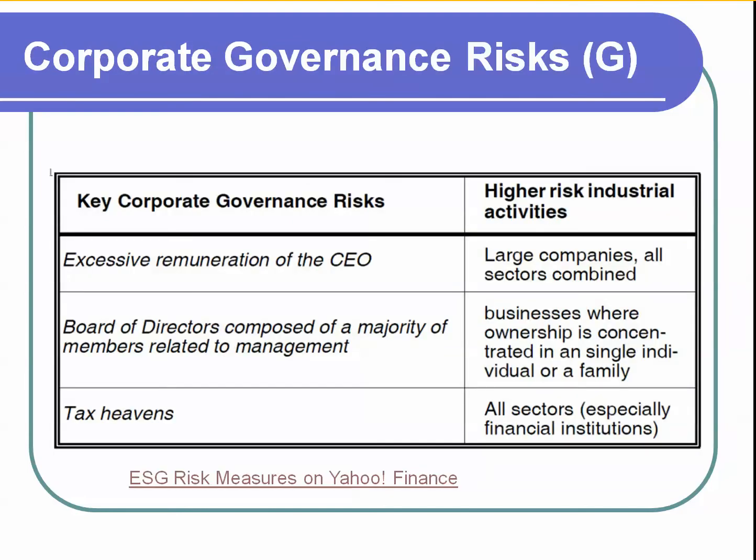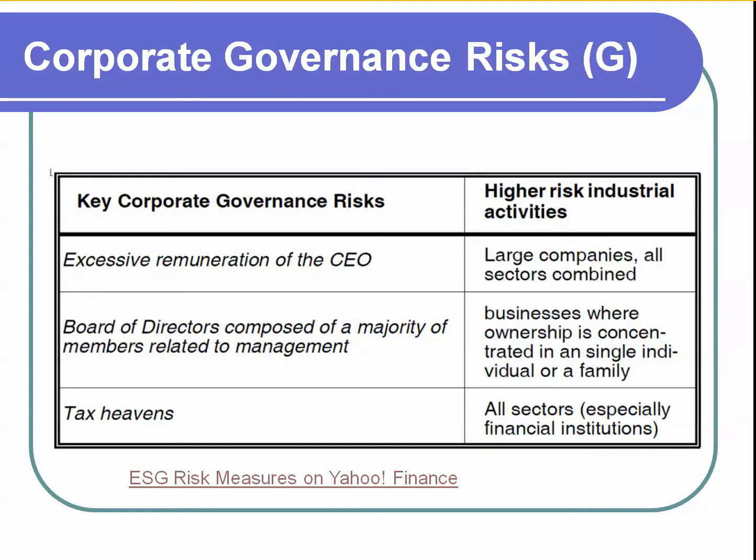Corporate governance risks would be excessive remuneration of the CEO, a board of directors composed of a majority of members related to management or even to the ownership of the company, and tax havens. Large companies, all sectors combined, are concerned when we talk about excessive remuneration of CEO or higher management.